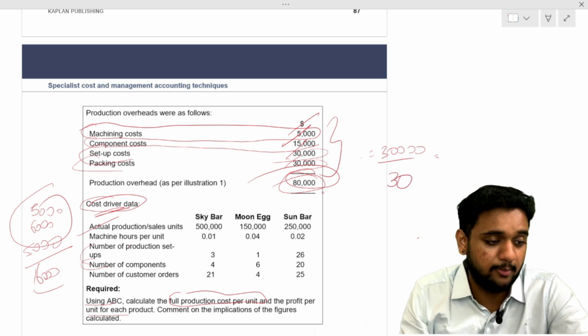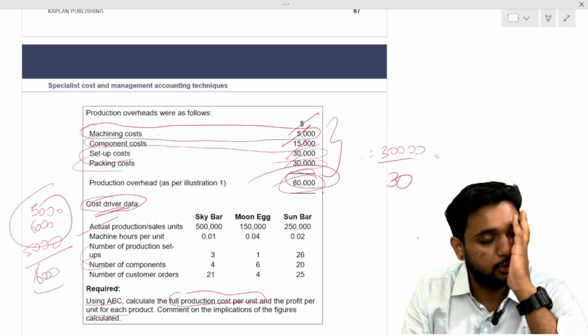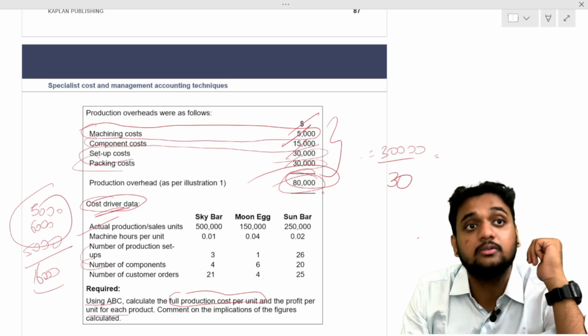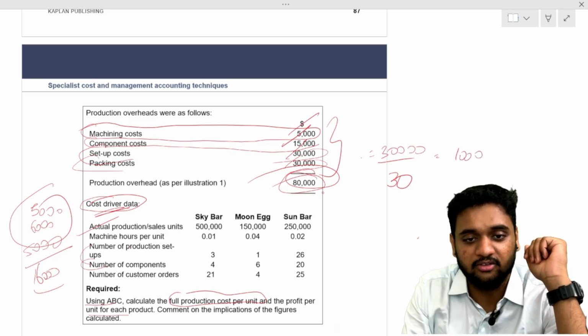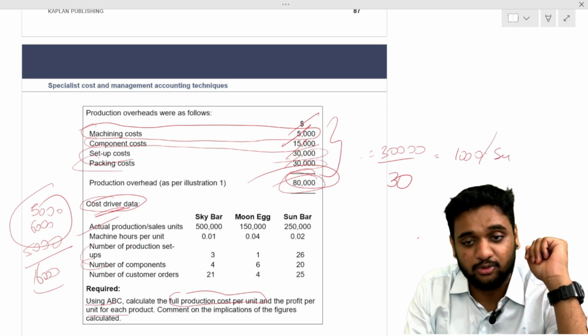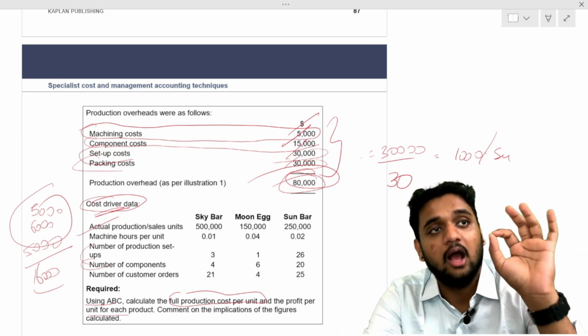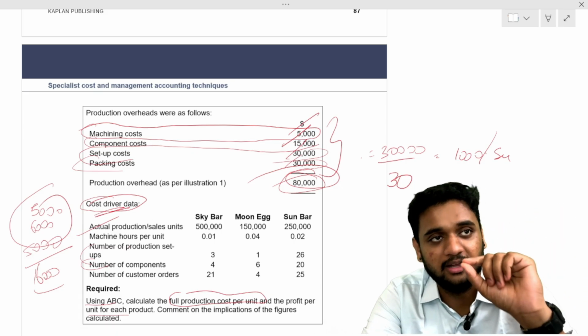What is the cost per setup? Don't use a calculator, use your mind and tell me. How much? 1,000. 30,000 divided by 30 is 1,000 per setup. So we have to call it the overhead absorption rate for setup cost, equal to 1,000 rupees per setup.